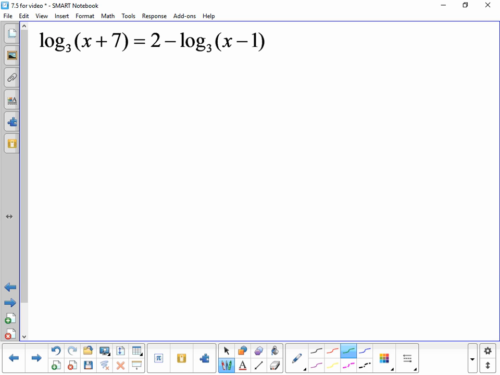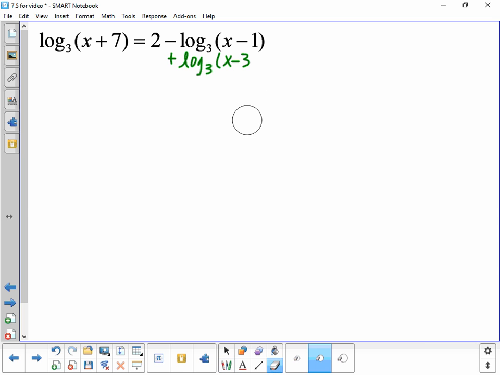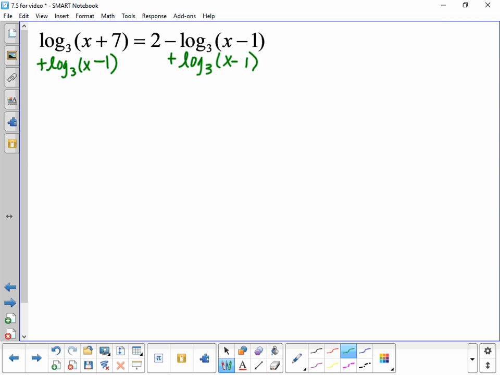And it is fine to go ahead and add a log to both sides of the equation. Whoops, not x minus 3 though. So we're going to add the log there and here. And then these two would sum to 0.